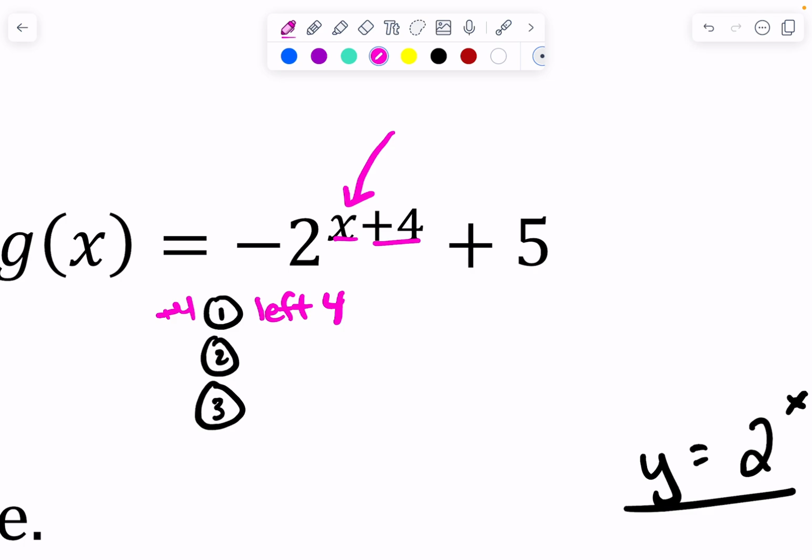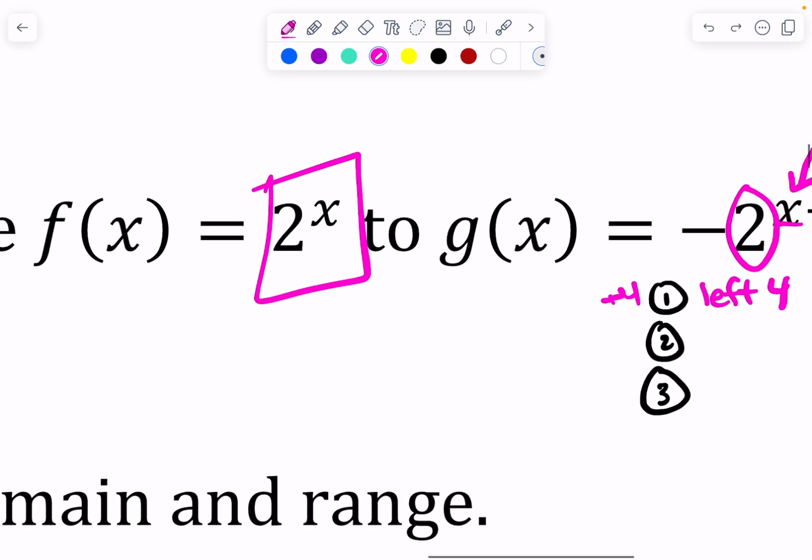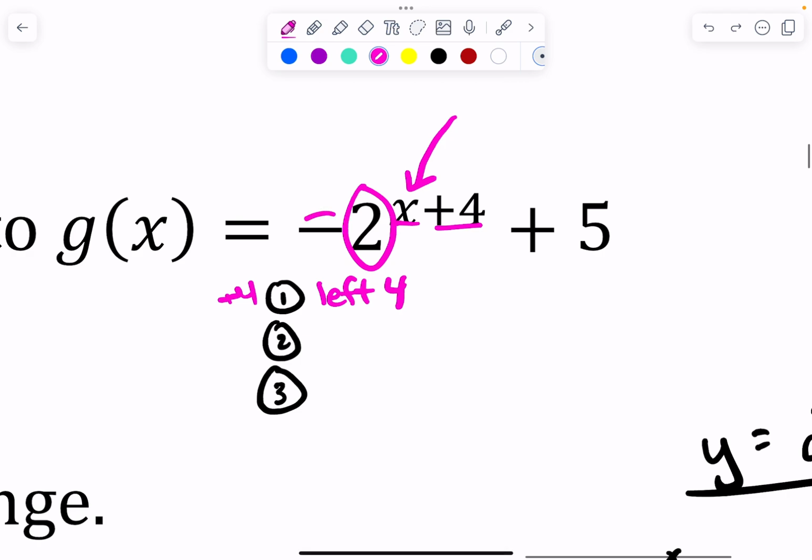Okay, then does the negative come next or does the 5 come next? Well, obviously I would take him to the 2 to that power first, but that's a part of the parent function, right? The 2 is already counted in there. But the minus is going to move him over the x-axis, okay, over the x-axis. And then the 5 will move him up 5, okay? So the plus 5 moves him up 5.